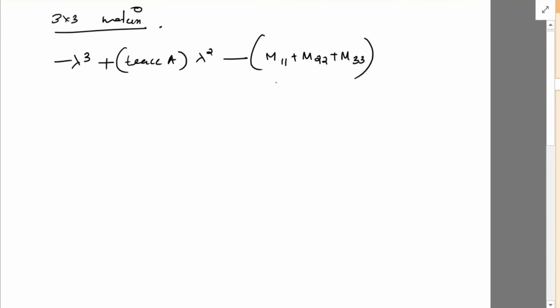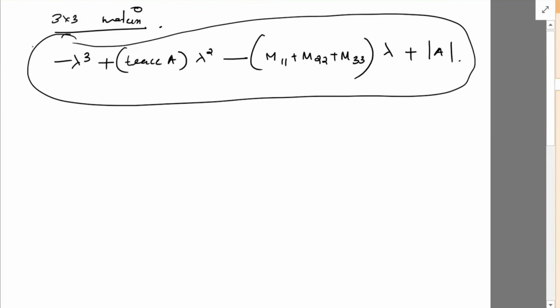For a 3 by 3 matrix, the shortcut method for finding the characteristic polynomial will be minus lambda cube plus trace of that matrix into lambda square, minus of (M11 plus M22 plus M33) into lambda, plus determinant of that matrix A. This is the shortcut method for finding the characteristic polynomial of a 3 by 3 matrix.